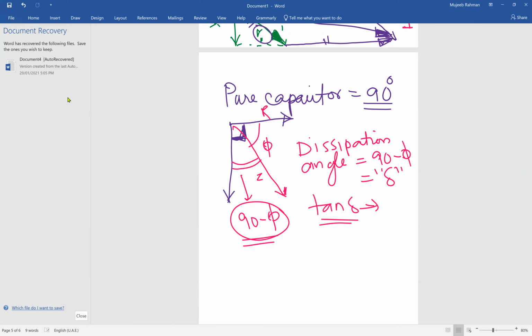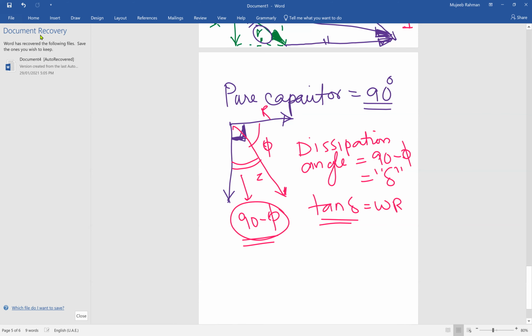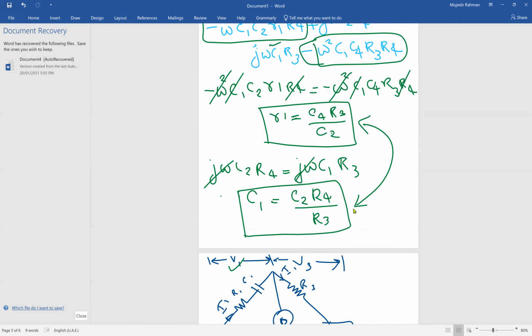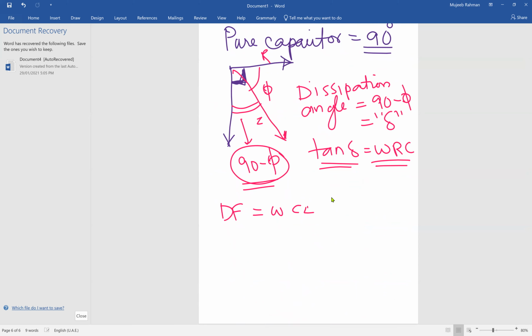Simply, we can denote it by a term called delta, and the corresponding tan delta is the dissipation factor. This can be obtained as we have calculated earlier: tan delta is equal to omega R C. So the equation for the dissipation factor is omega R and C, where in our case R1 is equal to C4 R3 divided by C2.